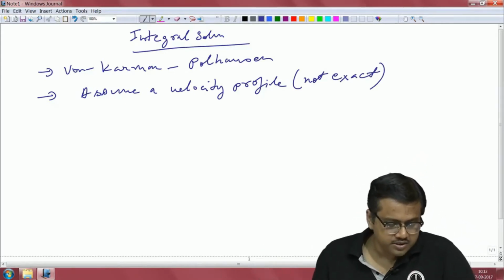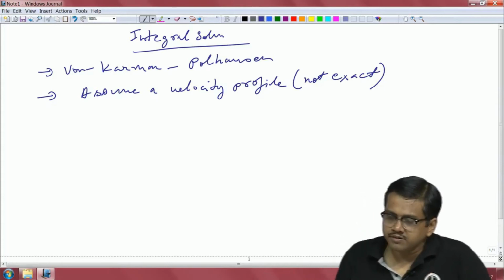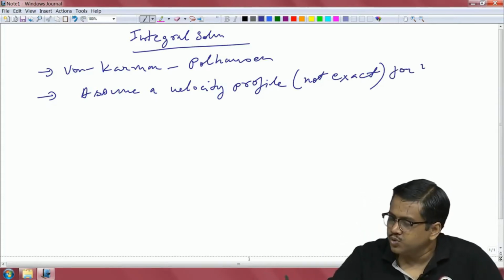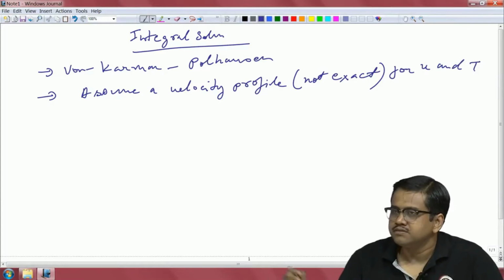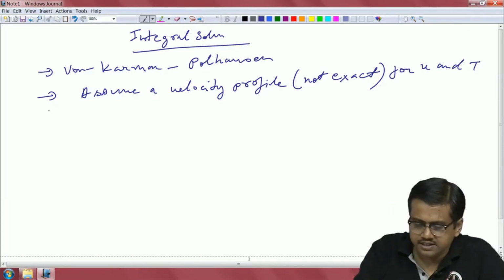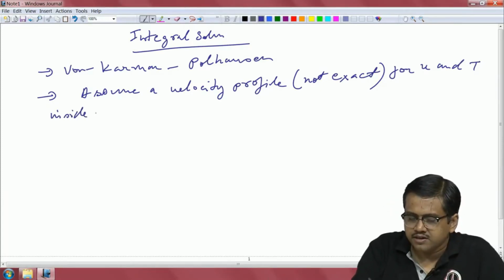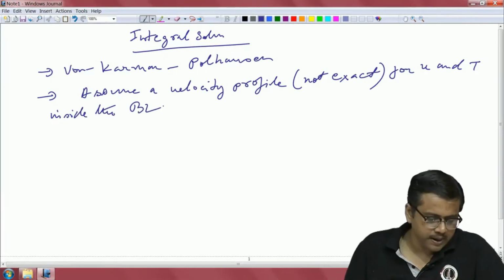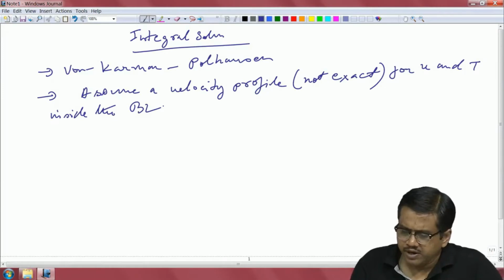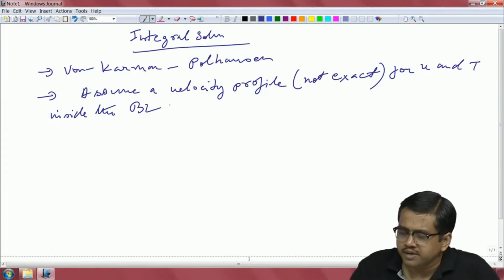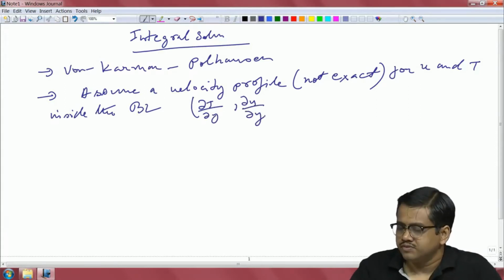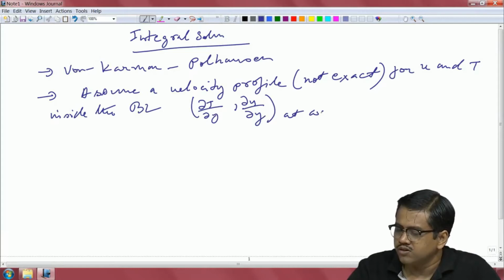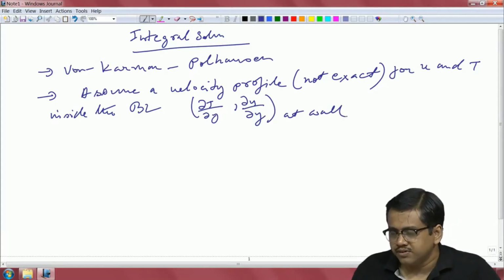So, assume a velocity profile for u and T basically, inside the boundary layer, thermal or otherwise. All we need to be concerned about are variables like these at the wall, that is our main concern.